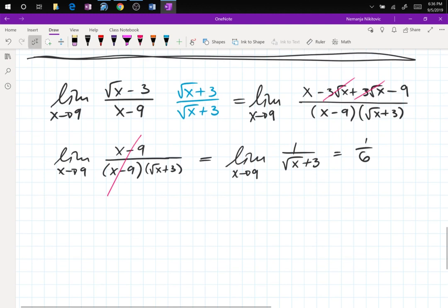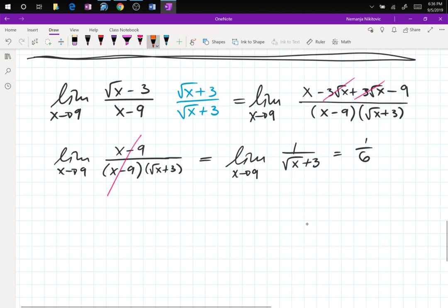Now, let's take a look at the God tier over here provided by Nicholas, right? Nicholas said, well, that's perfect squares, right? I don't see a square on x, but still, we can use square roots, right? And that's the trick.